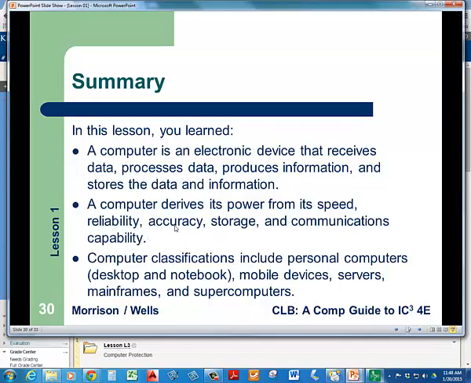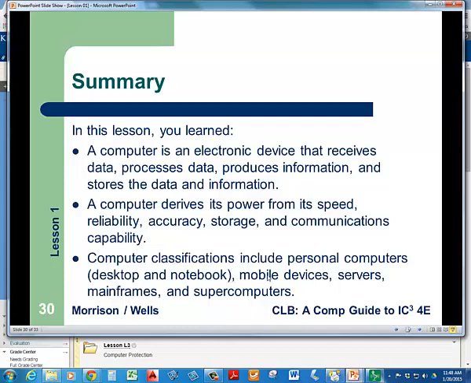So they're a whole lot more reliable than they used to be. Of course, they're accurate. You'll learn that in particular in your CAD work, how accurate they are. You know, locating points in space on your screen that are to the 16th place decimal accuracy. I can't even tell you what that number is. Okay? And of course, being able to store things and being able to communicate.